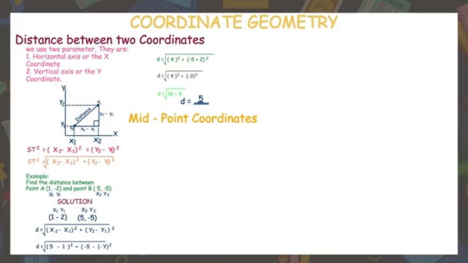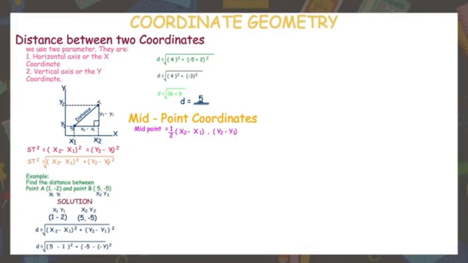For example, when we have a straight line, the midpoint of that straight line is equal to half, into brackets, x2 plus x1, comma, then also y2 plus y1. Now, what is the interpretation of this?